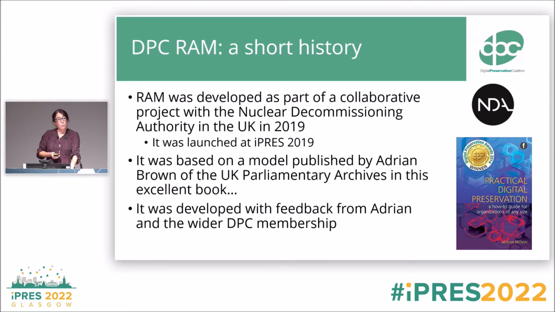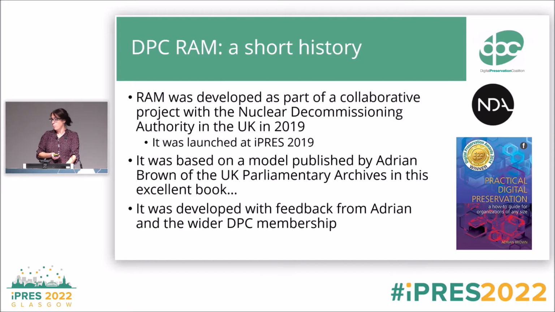When we developed it, we were keen not to completely reinvent the wheel and develop a brand new maturity model. So instead of starting from scratch, we decided to use an existing model as a starting point. We really liked the model that Adrian Brown had published in his book, Practical Digital Preservation.